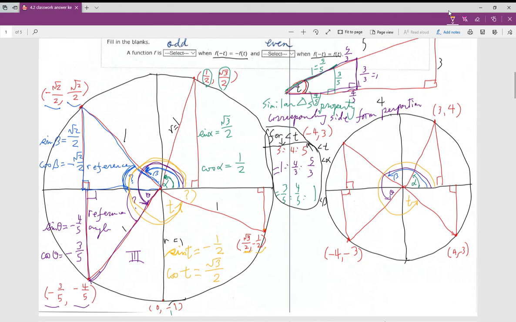So this is the real definition for our trigonometric function for all the angles on all 4 quadrants. Actually, the trigonometric value depends on the coordinate, and this coordinate is the end point for the terminal side.